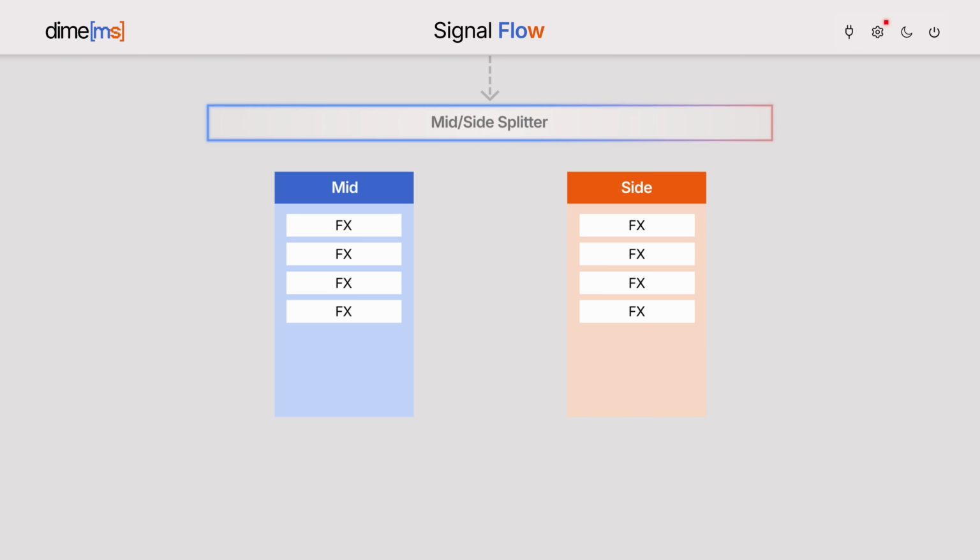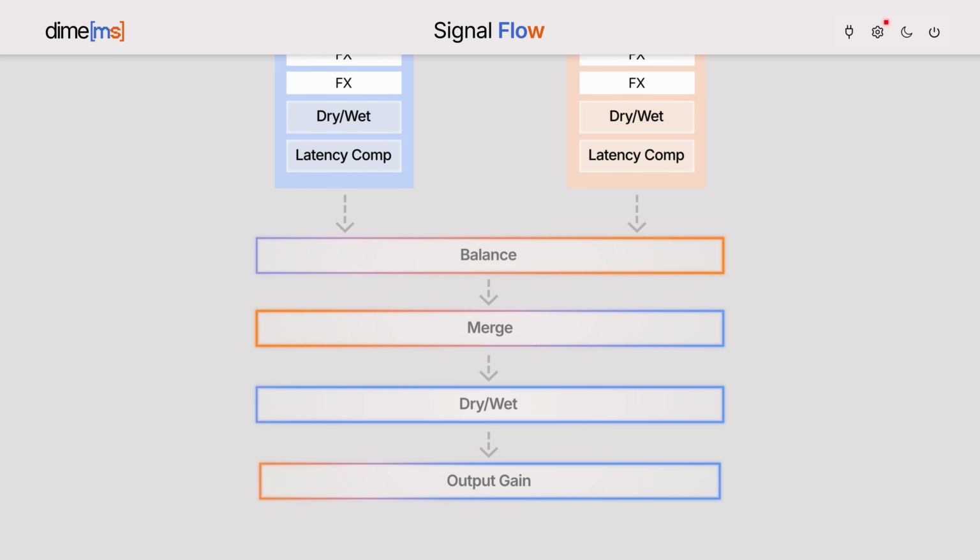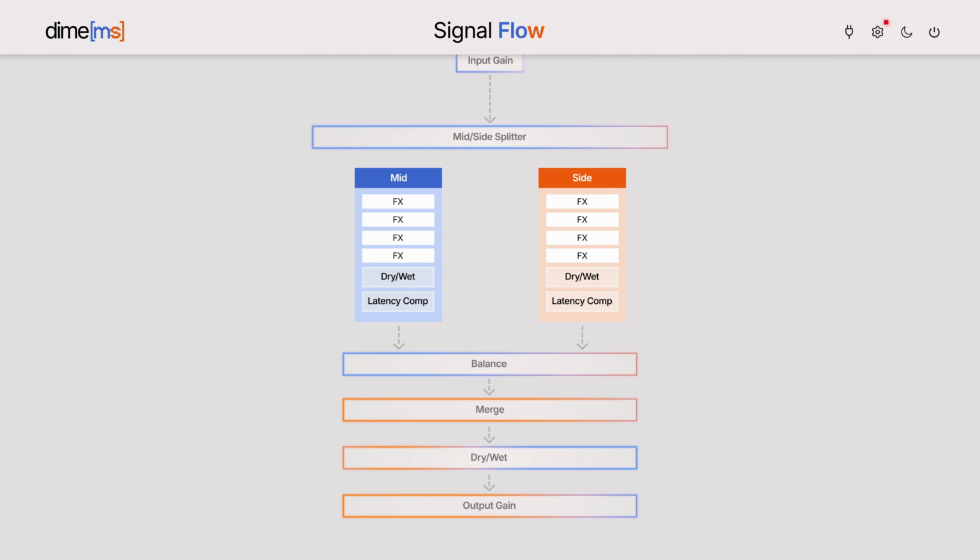The processing of each effects chain can be progressively blended via the mix slider. Before the two signals are merged back together, the signal with the lowest processing latency will be delayed to match the signal with the highest latency, ensuring that they're perfectly aligned and merged transparently. Finally, the output signal can be mixed with the original dry signal.